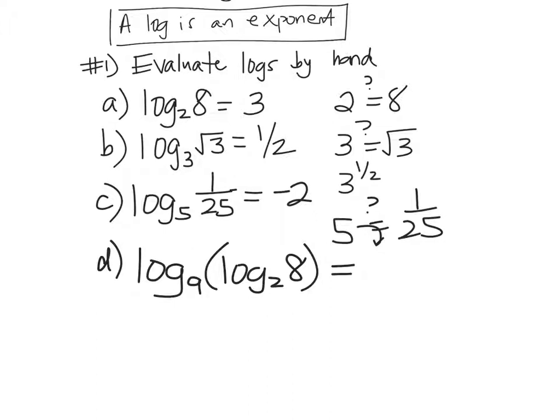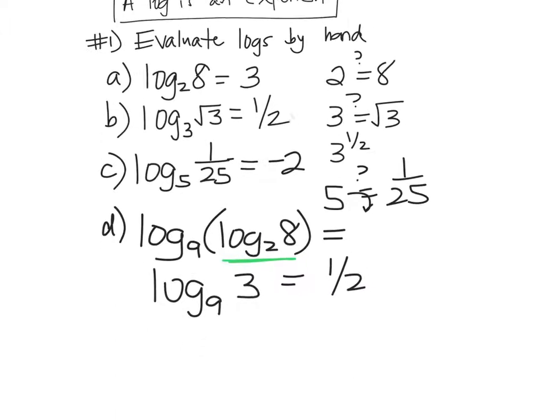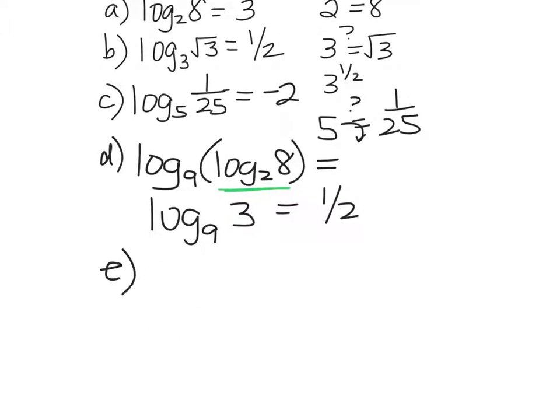We're trying to take the log of a log, but just do correct order of operations, right? Work from the inside out. And so this in here, you want to evaluate first. Log base 2 of 8 is 3. We already figured that out. And then 9 to the what is 3? 1/2. Square root of 9. Good. Aren't these fun? I was looking forward to this all day.